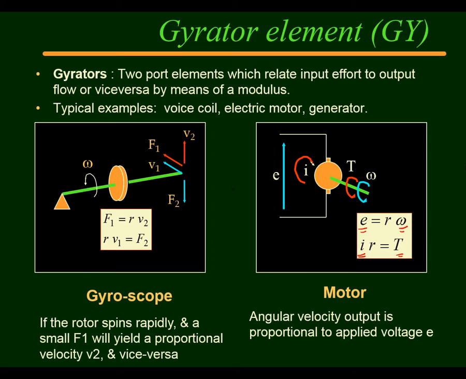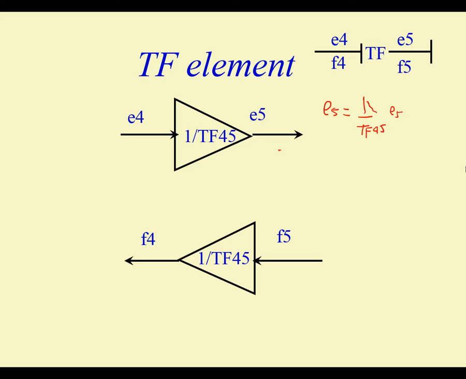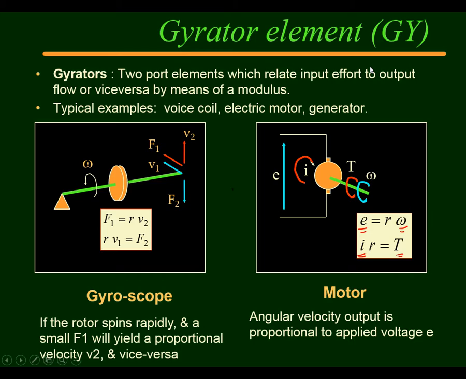On the transformer, we relate one effort to another effort or one flow to another flow. That doesn't happen on the gyrator. You can see clearly this is a velocity here and this is a force, so it's related that way. Or in here, the effort is proportional to R times omega.